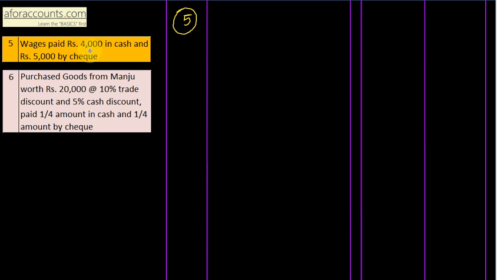Wages paid 4,000 in cash and 5,000 by check. Expenses are wages. Expenses account always debit. So wages paid, wages account will be debited. And see, 4,000 is in cash, so cash is going out. So credit cash to cash account.